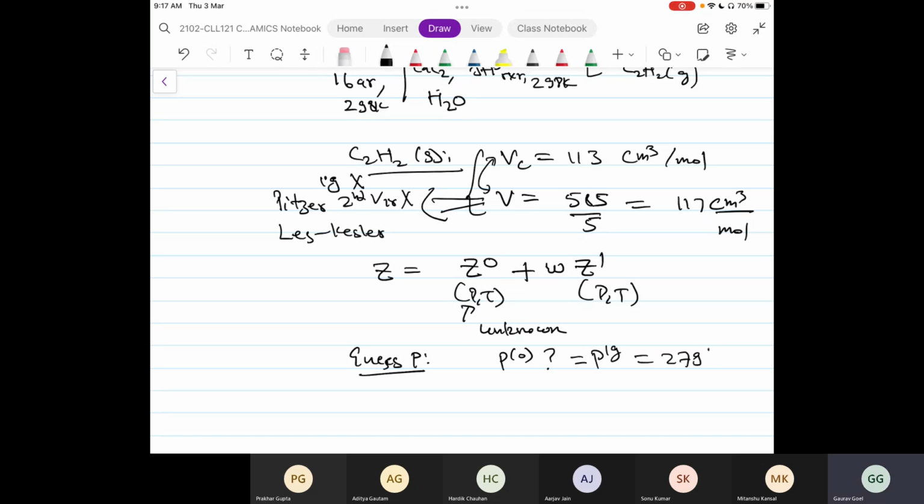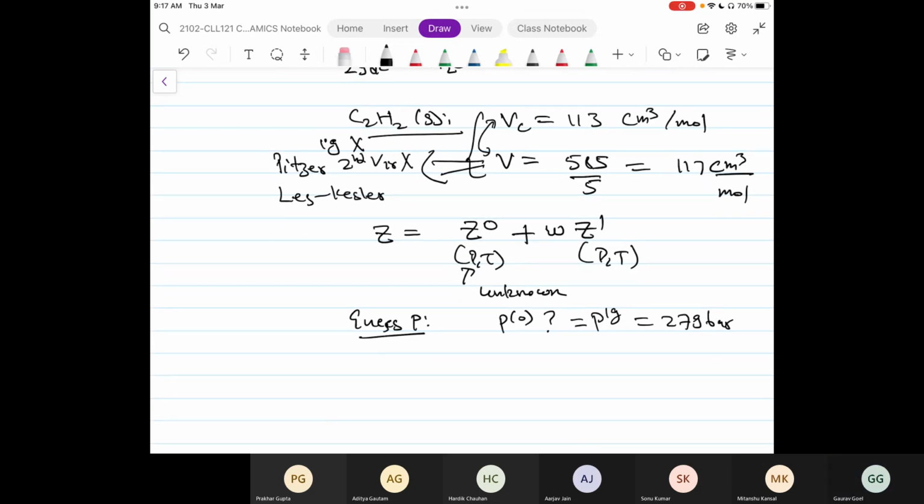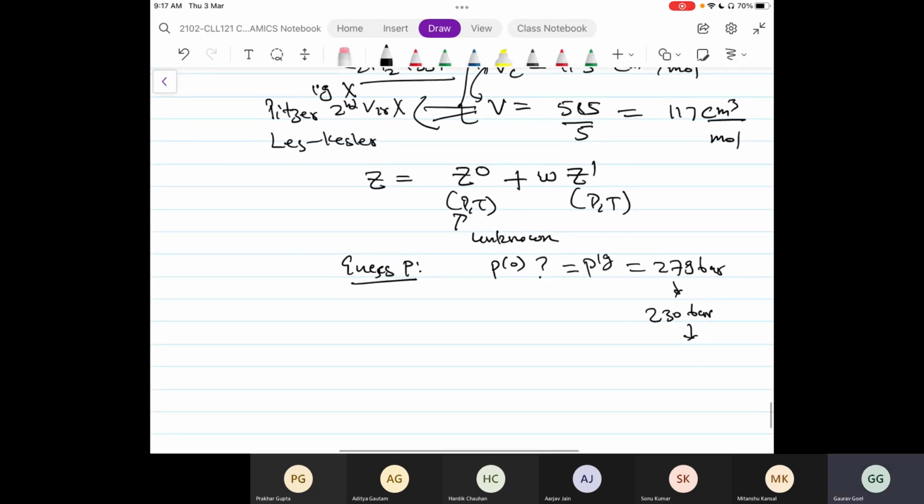That comes out to be 279 bar. Plug that into your equation. You will get a new guess. Next iteration, you will get 230 bar. You'll keep improving till you reach your target value of V. So I know my V, 117.